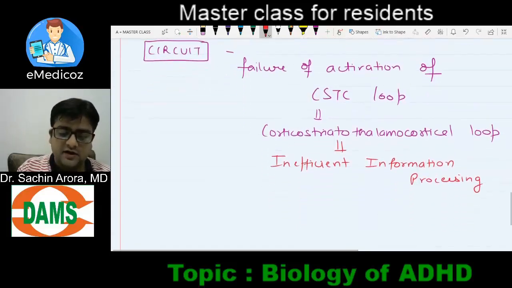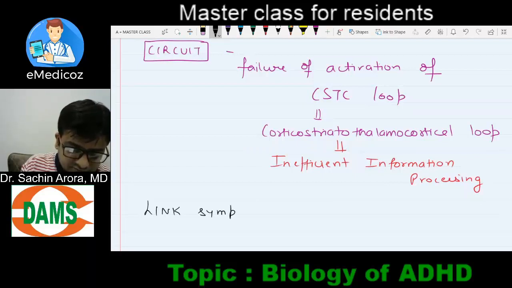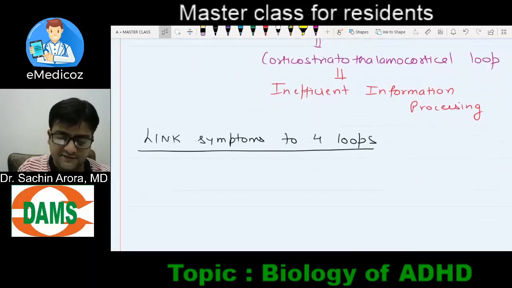In order to understand, we can link the symptoms to the four loops based on the four areas we mentioned.